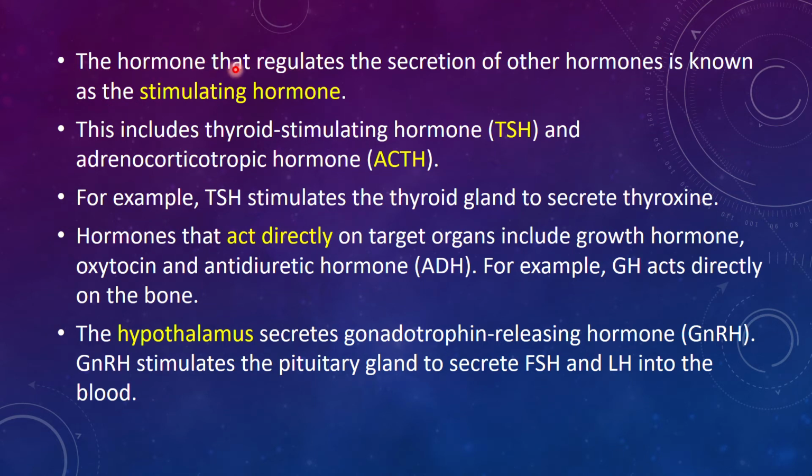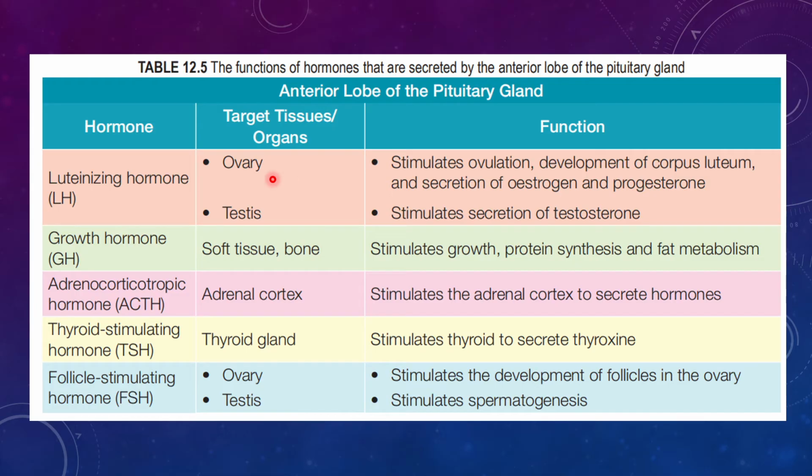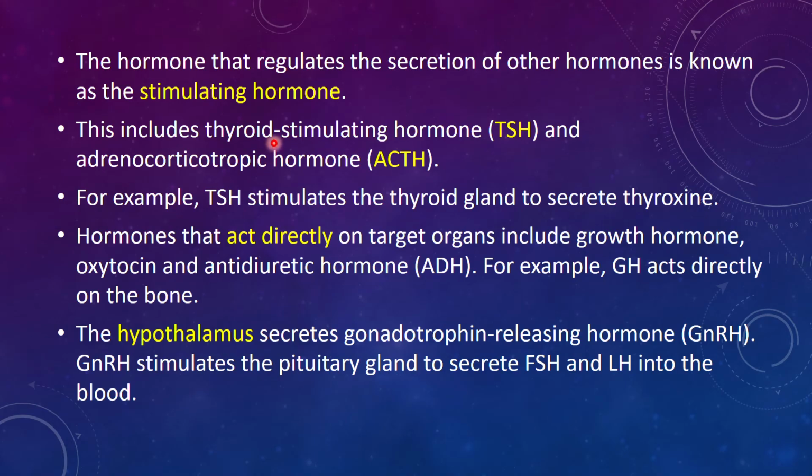The hormones that regulate the secretion of other hormones, we call the stimulating hormones. You can see over here, these are the stimulating hormones, for example, thyroid stimulating hormone and also follicle stimulating hormone, even the adrenocorticotropic hormone. Like TSH.